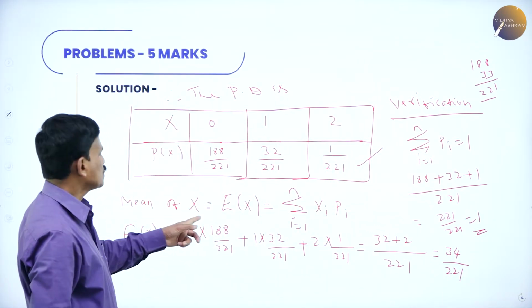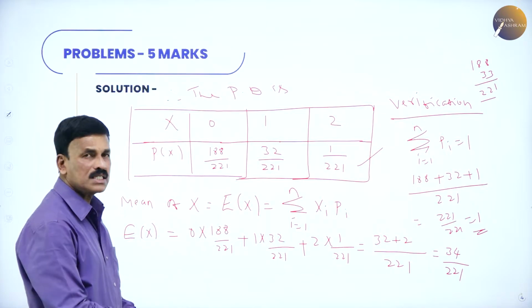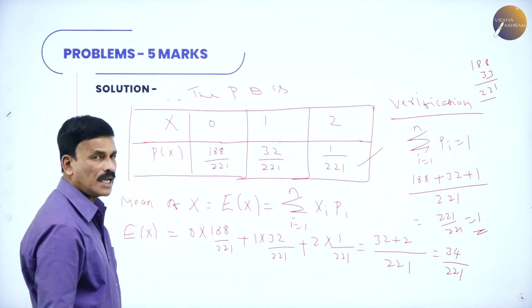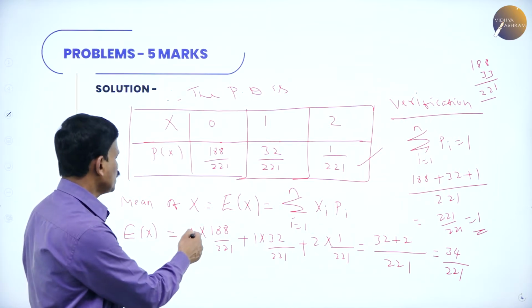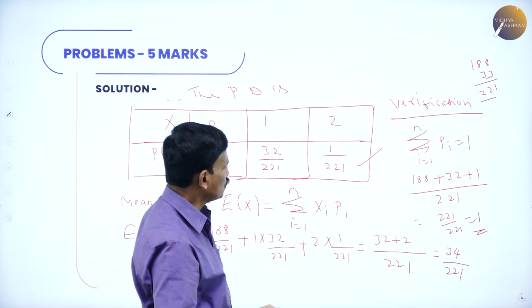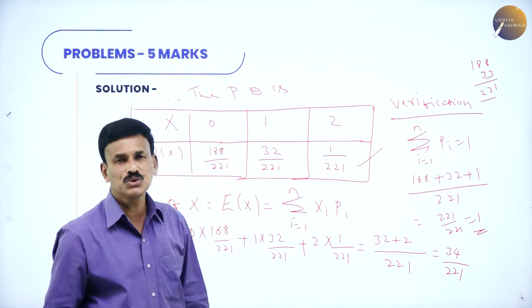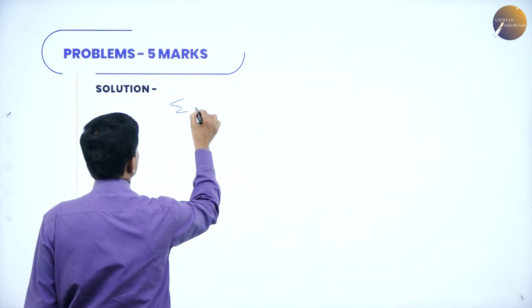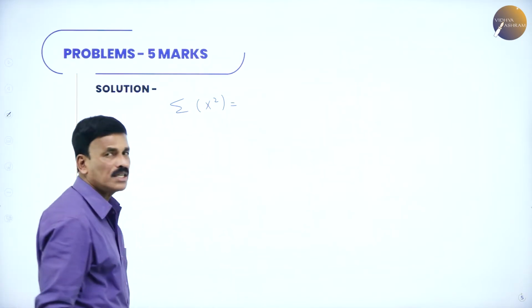So mean of x is equal to E of x, which is sigma i is equal to 1 to n, xi and pi. That's equal to 0 into 188 plus 1 into 32 by 221 plus 2 into 1 by 221. That's equal to 34 by 221. Okay. Now find out the value of sigma x square.